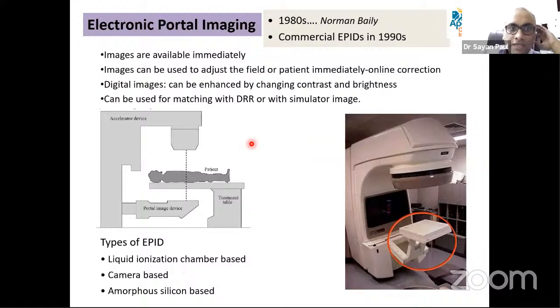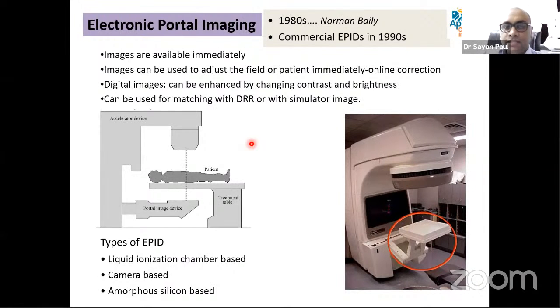So electronic portal imaging is like there is an imager. The megavoltage beam comes through the gantry head, the same gantry head of the treatment, and it is captured by an imager, that is an image capturing device.